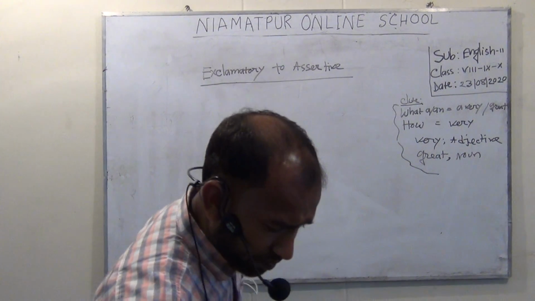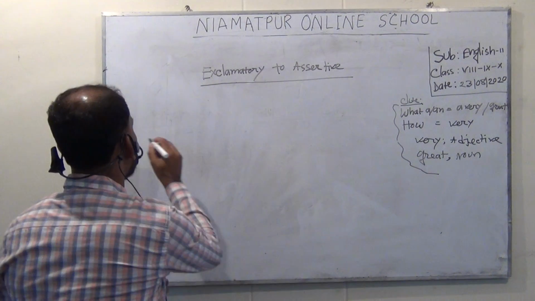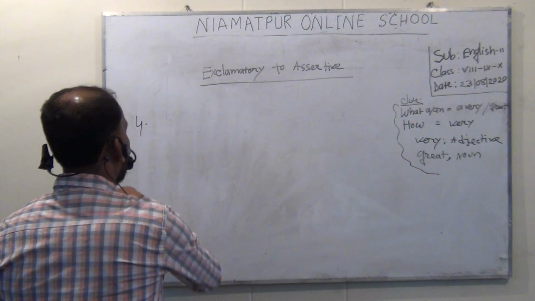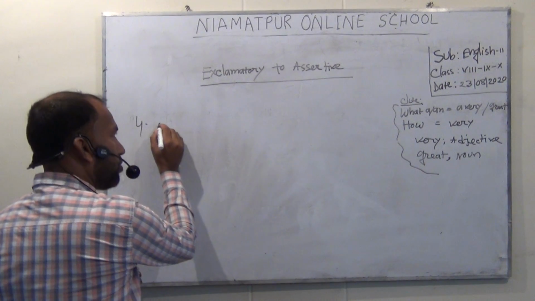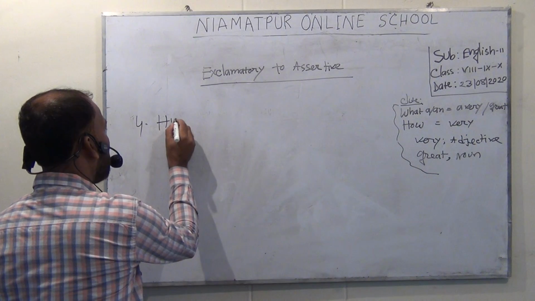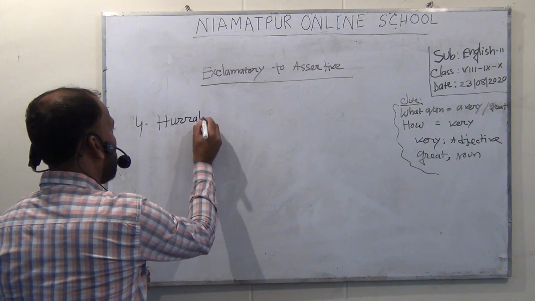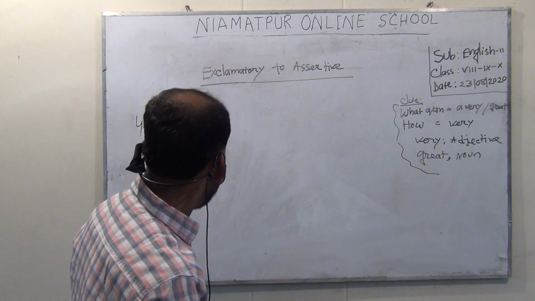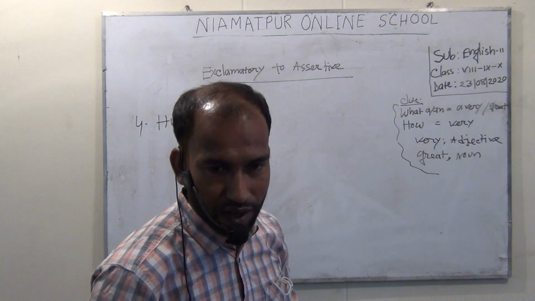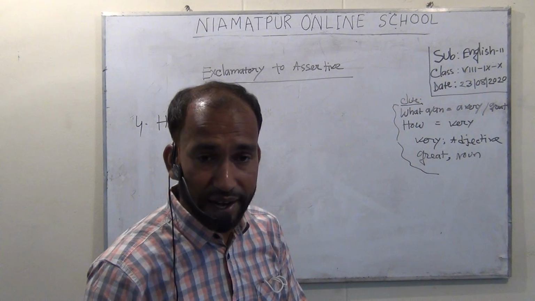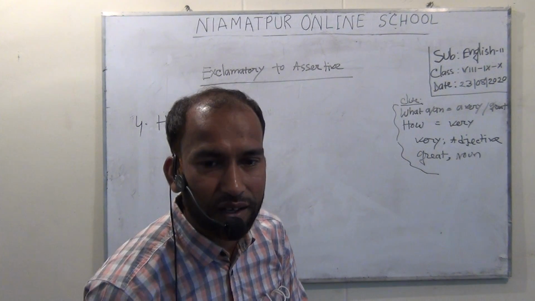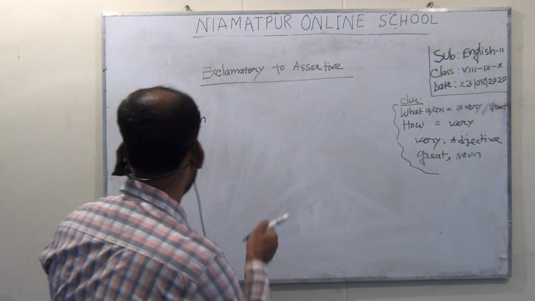Besides this, I can use another example. This is very common to you. Somebody says hurrah or somebody says hurray. Both are right. You can find it in the dictionary, you can learn the pronunciation. Okay? Hurrah, we have won the match.